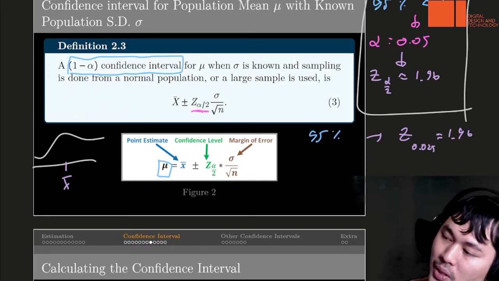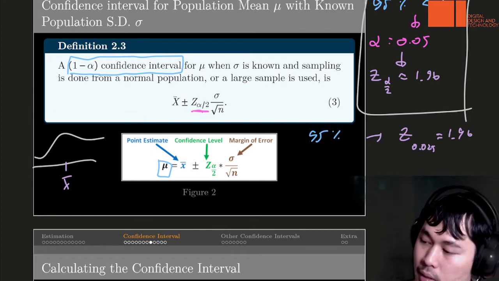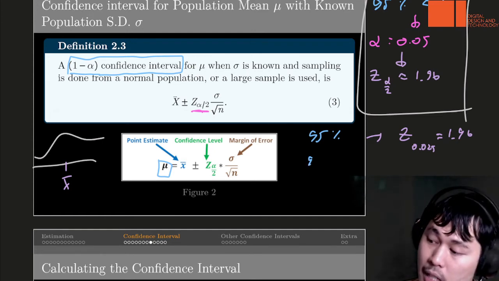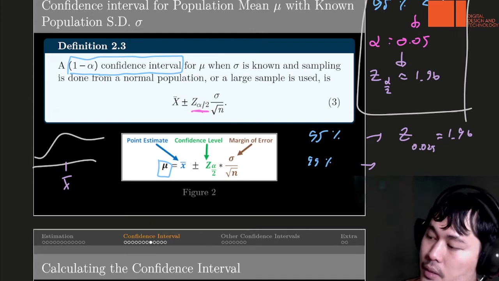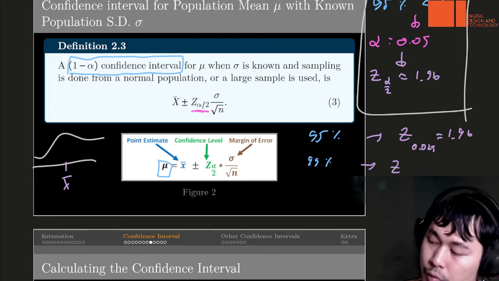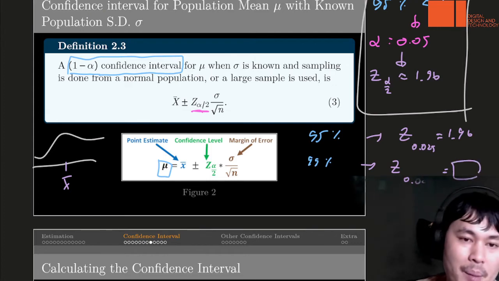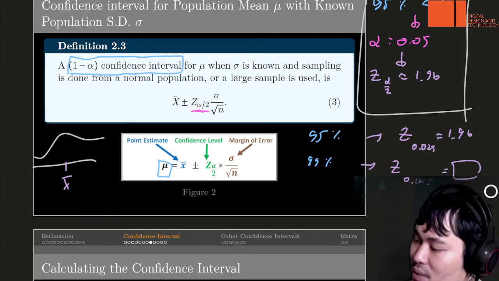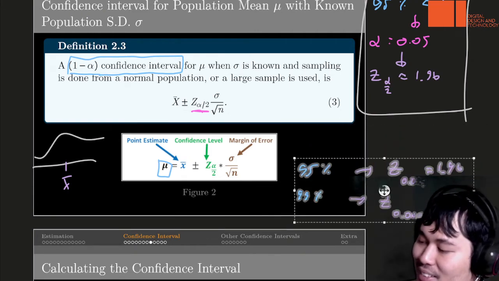But in practice, you're going to use 95% a lot, and sometimes you want to increase the confidence to 99%. And then if you use 99%, you're going to have a different number, which you can memorize. Or if you do enough statistics, then that number is going to be embedded in your brain.